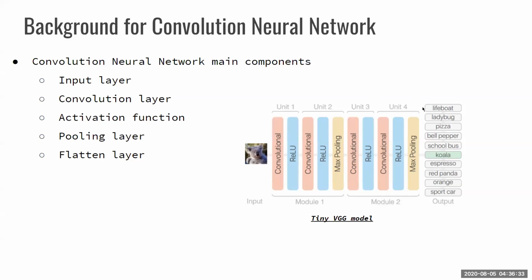And at the end of the CNN part, there is a flatten layer, and this flatten layer unrolls that n-dimensional matrix into a one-dimensional vector. So that makes it connected with a fully connected neural network in order to make classifications.